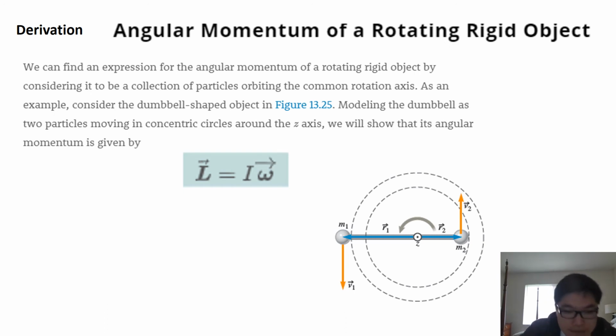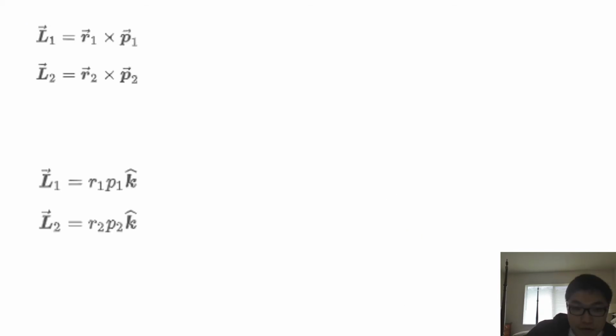So here is some derivation of the angular momentum of a rotating rigid object, which is defined by this formula: the angular momentum equals I times omega, where omega is a vector again. Therefore, the angular momentum of each particle is given by L equals r cross p.